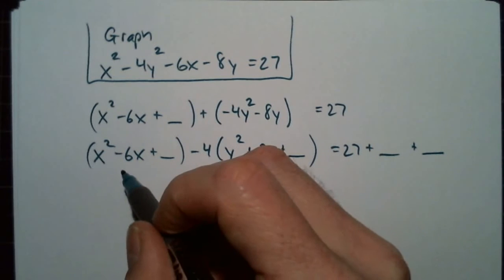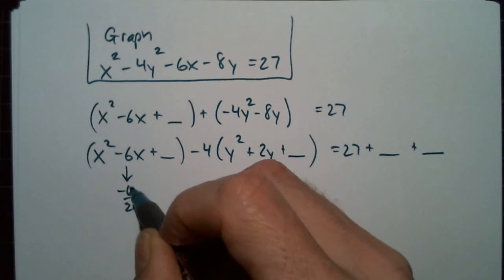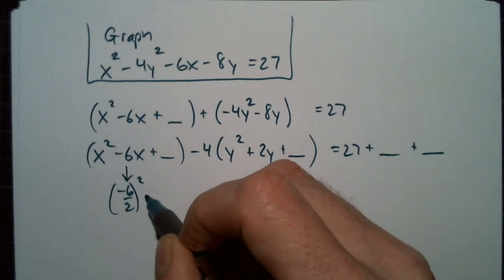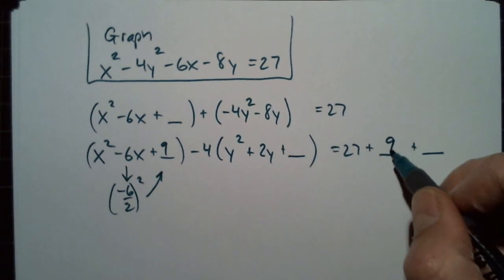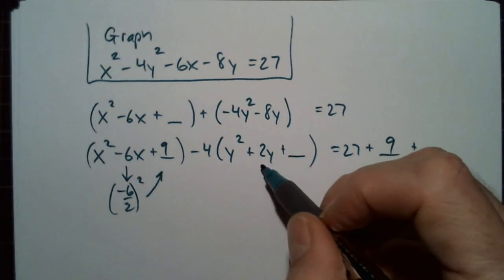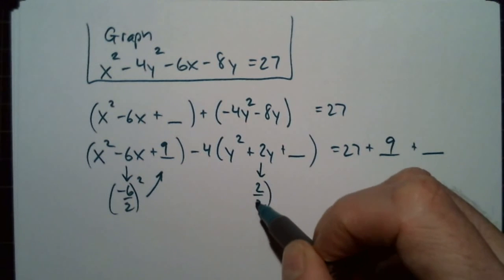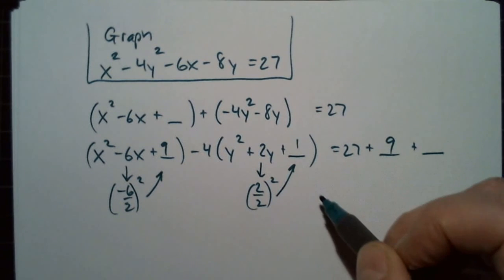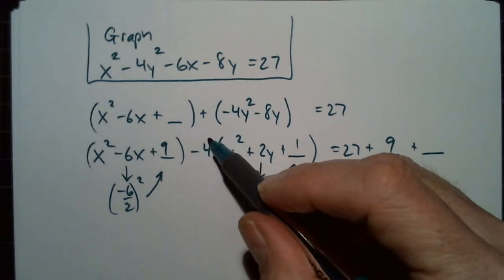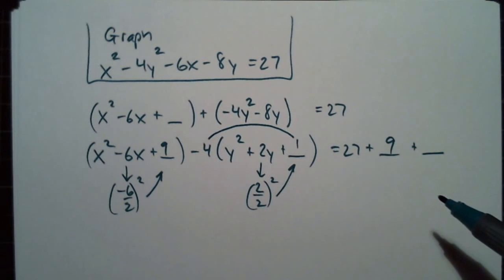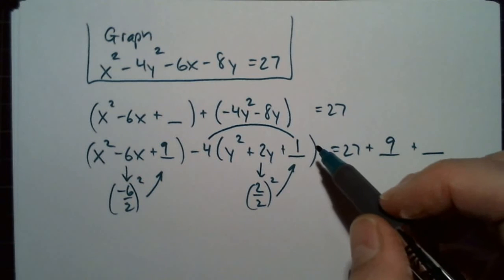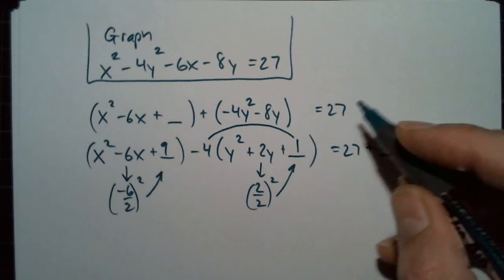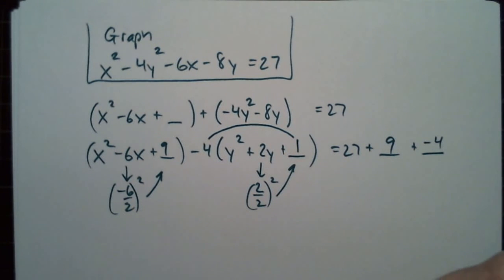It'll be the same. So now we want to do half of that squared is 9. I write a 9 on the left, so I'll write a 9 on the right. Half of 2 squared is 1, but it has a value of negative 4 because we multiply by negative 4. So by writing a 1, I decrease the left side by 4, so I have to decrease the right side by 4.